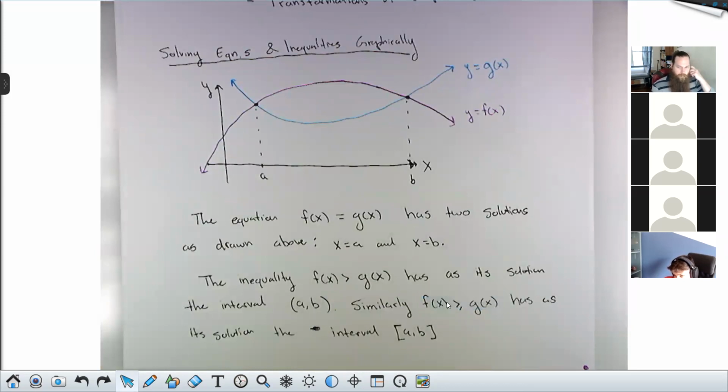Right? If you think about plugging in b for x here, this would say f of b is greater than or equal to g of b. And what is true at x equals b is that f of b is equal to g of b, right? That's one of the things we were saying here.